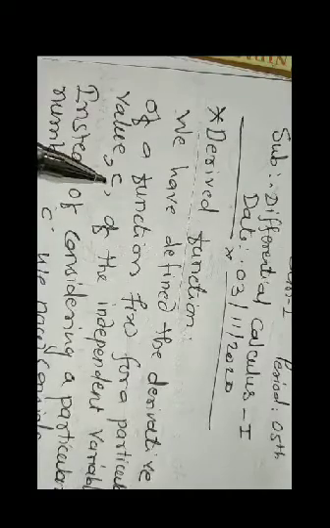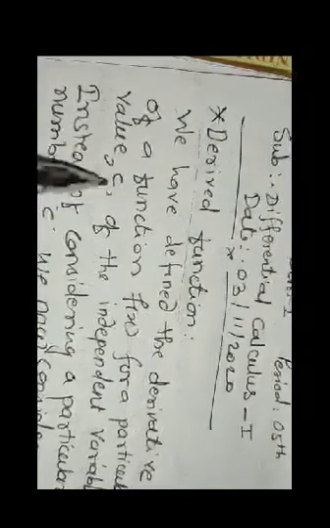So what is meant by the derived function? We have defined the derivative of a function f of x for a particular value c. In the previous lecture we discussed what is meant by the derivative of the function at a particular point c.